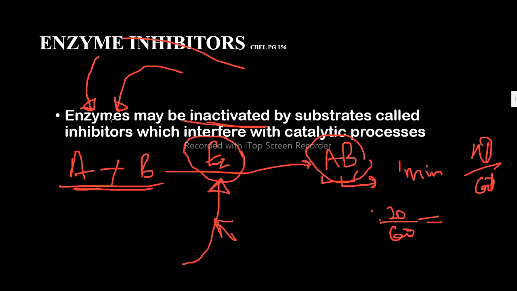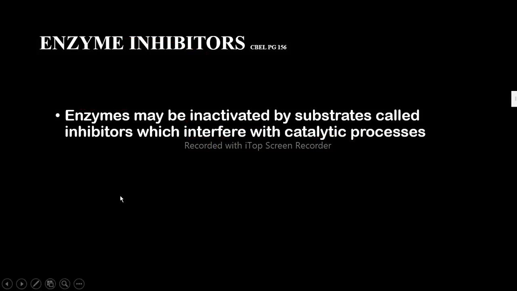So you either inactivate, hence reducing its efficiency, or you completely denature. There, if you denature, the enzyme is rendered useless. Let me use that word. It is rendered not only inactive but rather useless. It won't be able to carry out any catalytic process, catalytic reaction. So those are our inhibitors.